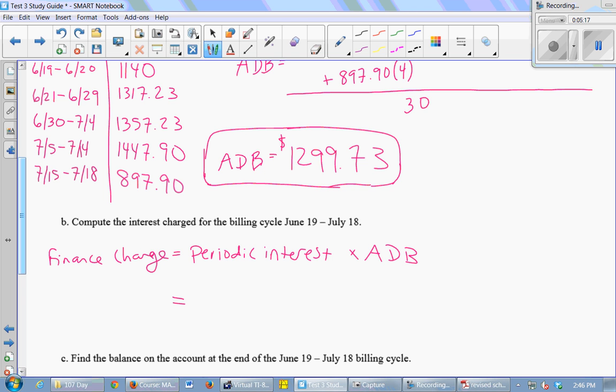Okay, so periodic interest we get by taking the number of days in this month, dividing by 365 days in a year, times our APR, which for Caitlin's credit card is 0.175, and then multiply by the average daily balance of $1,299.73, and that comes out to $18.69 interest charge for that month.